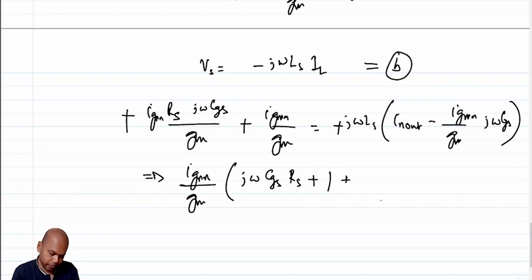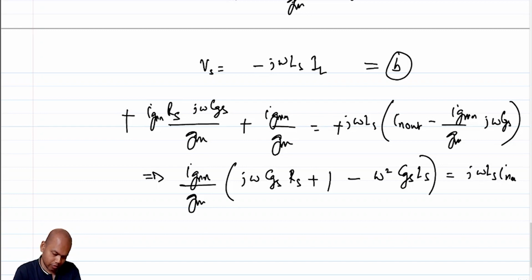and I get plus omega squared CGS LS, right? So we have a minus, and J becomes another minus, so it's plus. If I take it on the left hand side, this becomes minus, which is equal to J omega LS times IN out. Now at resonance, this cancels off.